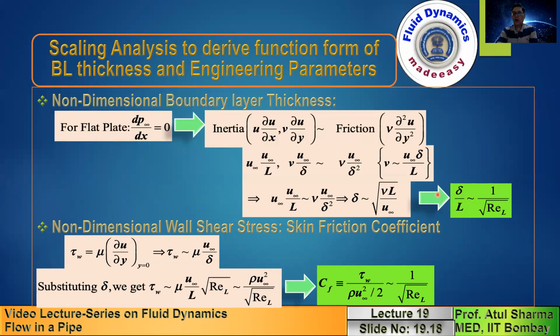Okay, so the non-dimensional boundary layer thickness is one output parameter, and this skin friction coefficient is an engineering parameter. It's a second output. So both these output parameters, through this derivation, are inversely proportional to the square root of Reynolds number based on the length of the flat plate. If you do an experiment or computation, you can obtain the constant of proportionality corresponding to a particular situation.